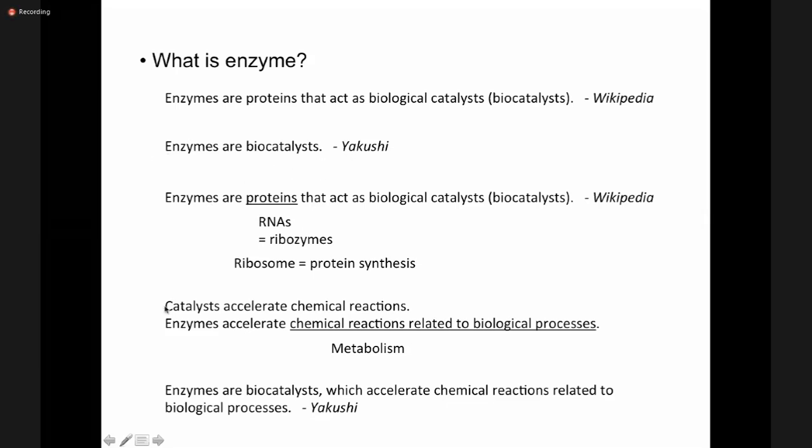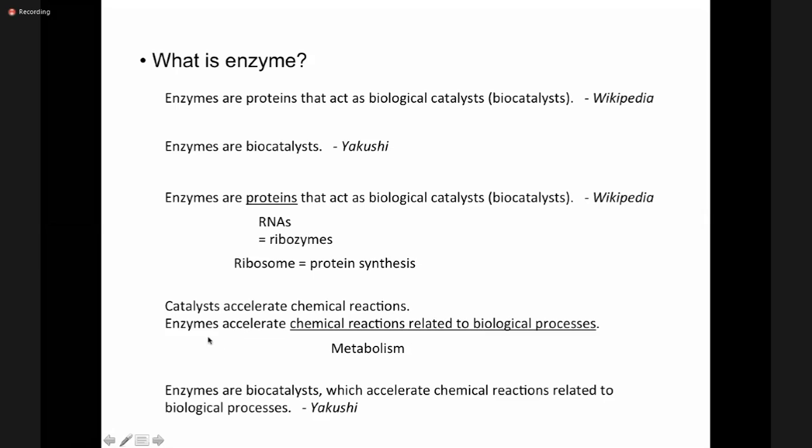And catalysis, what is catalysis? Catalysis accelerates chemical reactions. This is a general definition of catalysis. In the case of enzymes, they also accelerate chemical reactions, but it's limited to biological processes.